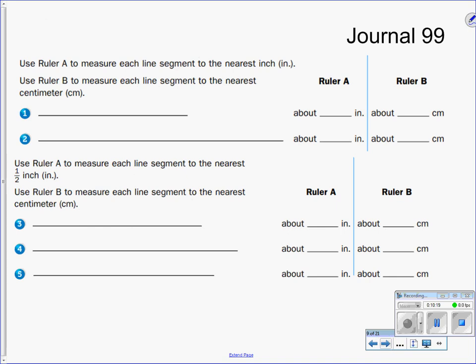All right, so I want you to get your rulers out now and turn to journal page 99, and I want you to measure these line segments. So you may want to hit pause right now and take a few minutes and measure these line segments.